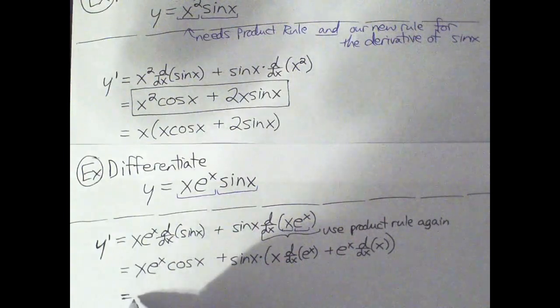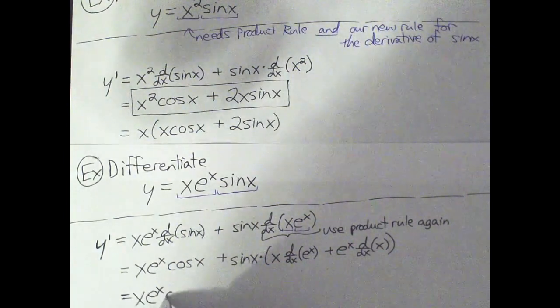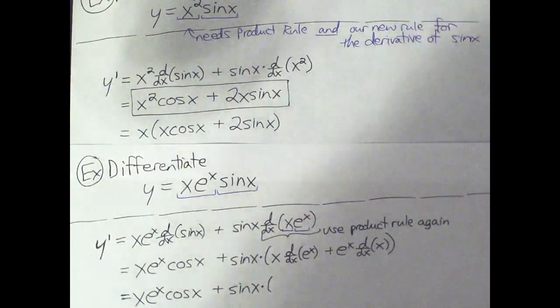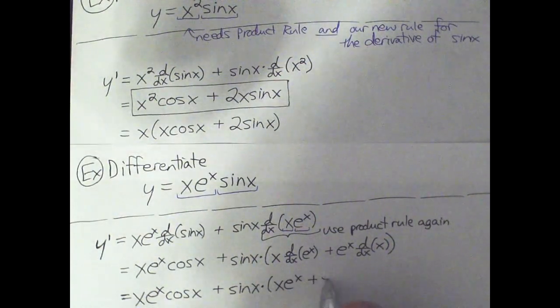First piece here is just going to stay the same, x e to the x cosine x, plus, we'll just leave the sine x alone for now. Let's work on this part that's in parentheses. So this is going to be x e to the x plus e to the x.